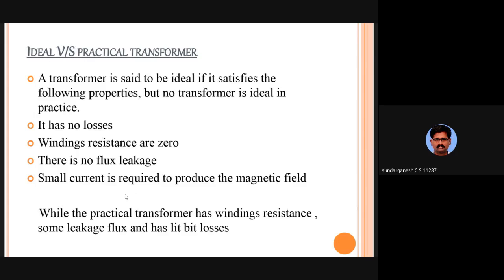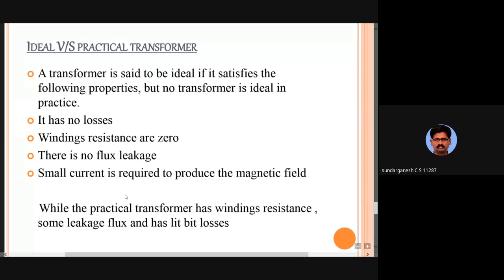These assumptions are made so that we have an ideal transformer. But actually it is not like that. The practical transformer has winding resistance, some leakage flux, and a little bit of losses.